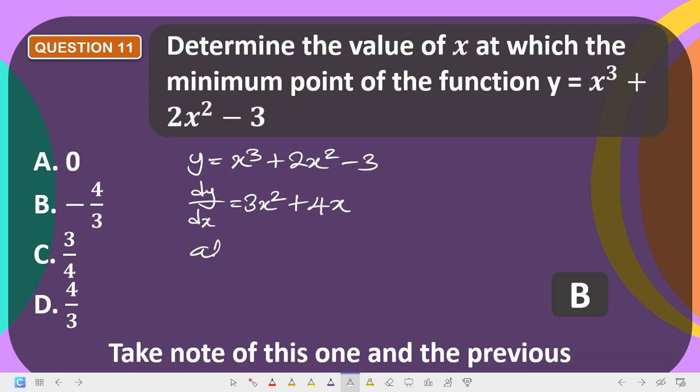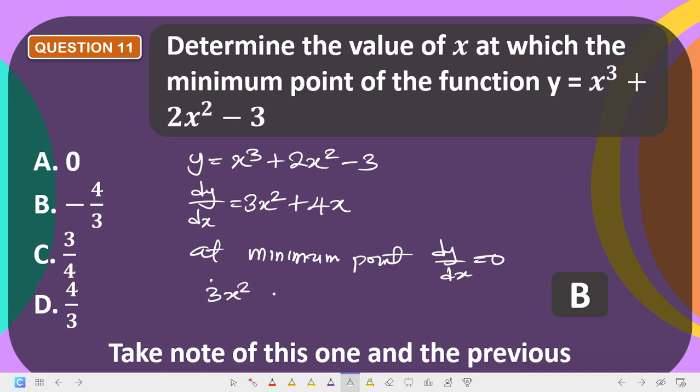At minimum point, dy/ds is equal to 0. So equate what you have gotten as your dy/ds to 0, and then find the value of s.